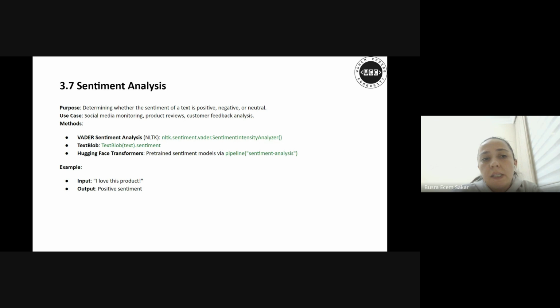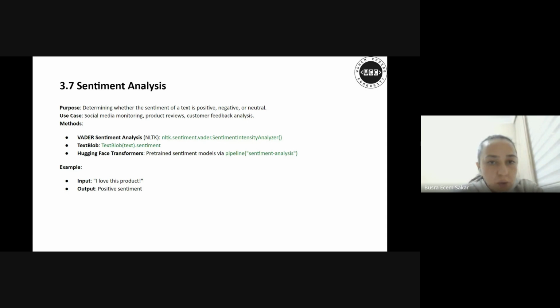For example, it can be used in social media monitoring, where companies can track how their brand is perceived in real time, or for product reviews to analyze how customers feel about a product. And also, it can be useful for customer feedback analysis, where businesses can understand public opinion and make a data-driven decision based on the sentiment.